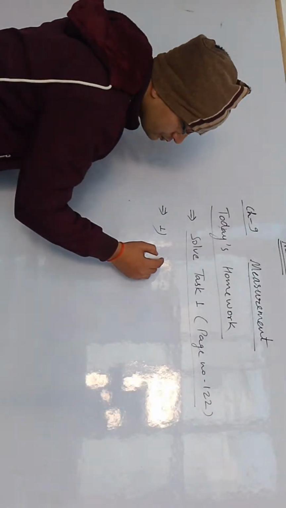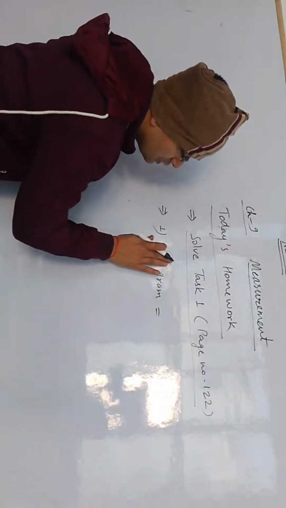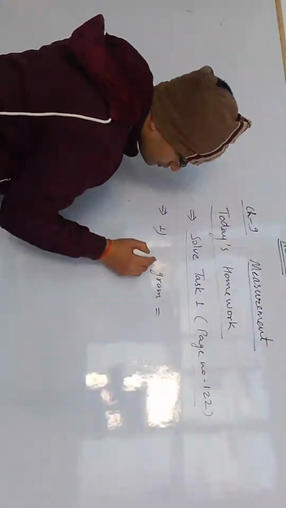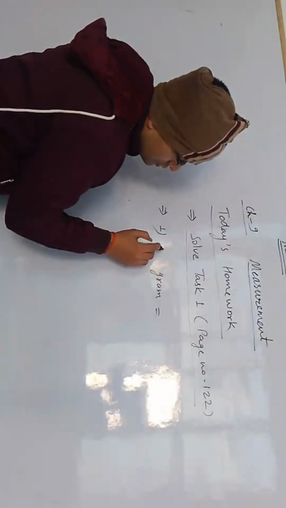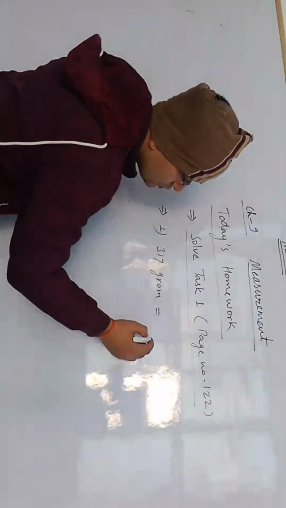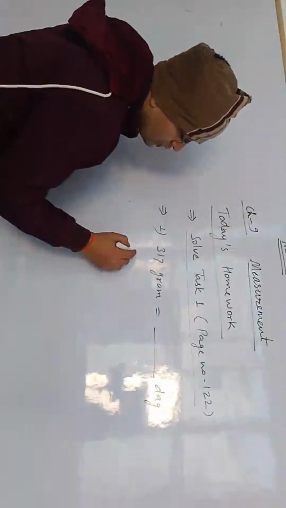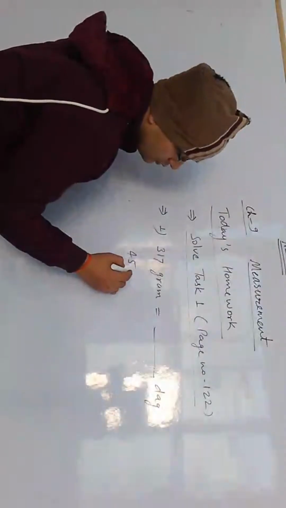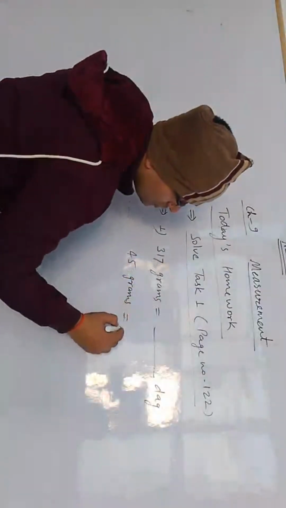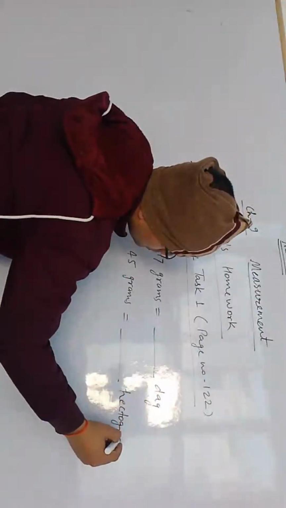And tell me, 317 gram is equal to how much decagram? 45 grams is equal to how much hectogram?